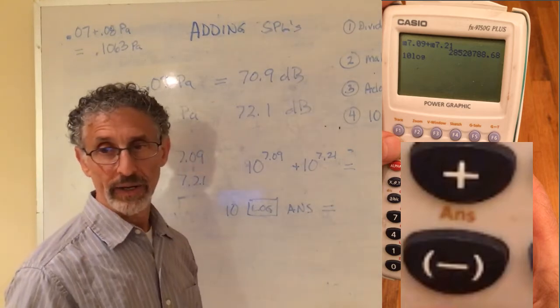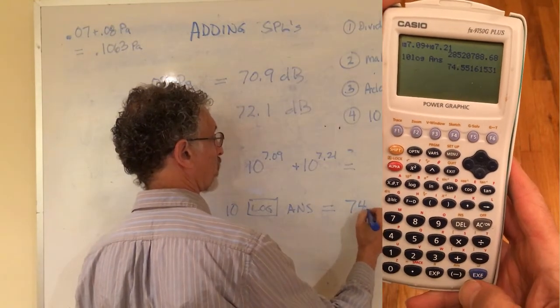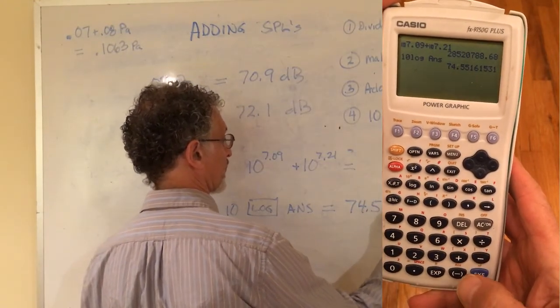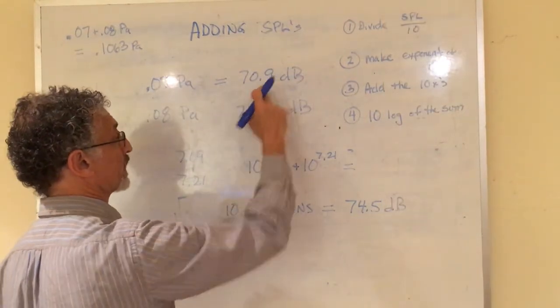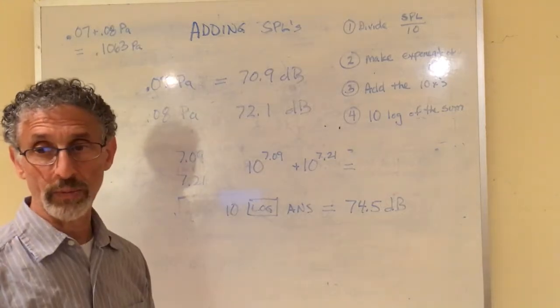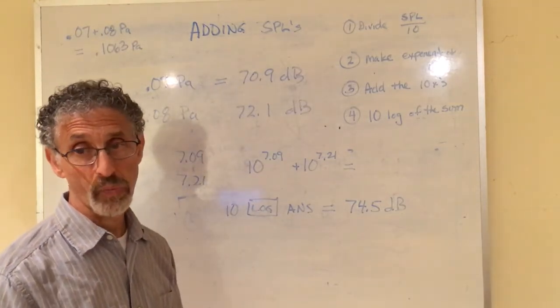If we do that, we're going to find that our answer is 74.5 dB. Notice this is not 70.9 plus 72.1, which would equal 143 dB.